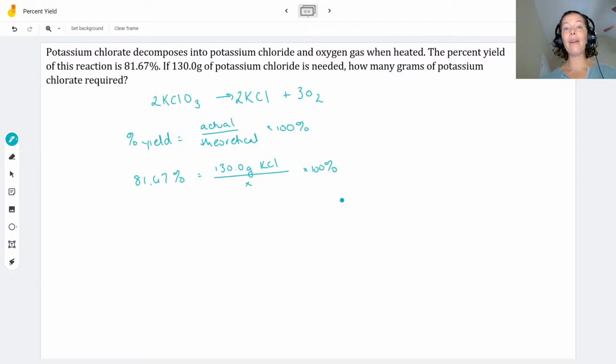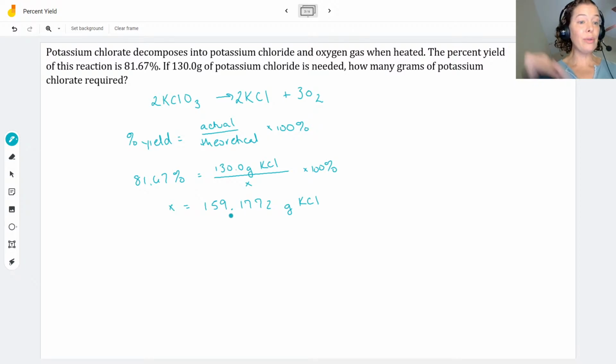Okay, so all we have to do at this point is solve for X. So we just need a little algebra, and our X equals 159.1772, and that is grams of potassium chloride. Remember, your units are going to match when you calculate a percent yield.